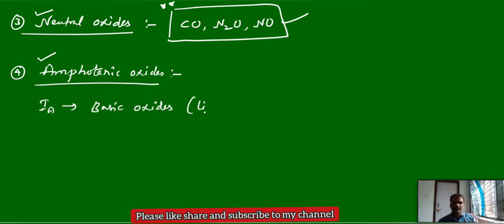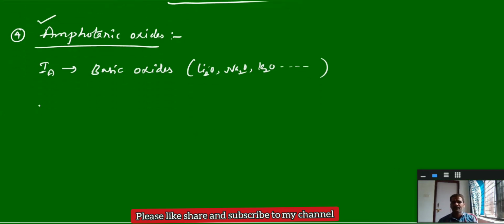What are they? Lithium oxide, sodium oxide, potassium oxide, rubidium, cesium and so on. All are basic oxides only. No exception there. Come to the second A group, the alkaline earth metals. Again they are completely metals, but in that, beryllium oxide is the exception, and this is amphoteric.